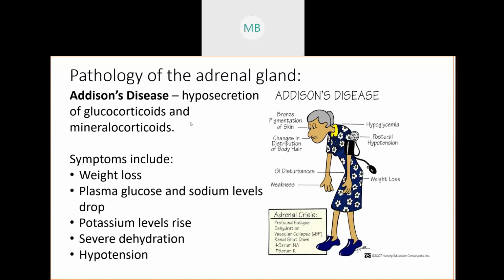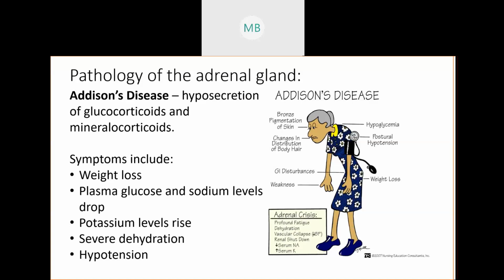Because of this, you're going to have a decrease in blood sugar and blood sodium levels. That can lead to some very nasty side effects. You're going to be dehydrated a great deal because, remember, your kidneys, because of the decrease in mineralocorticoids, are going to be overworking. So you're going to be urinating a lot, so you are likely going to be dehydrated.